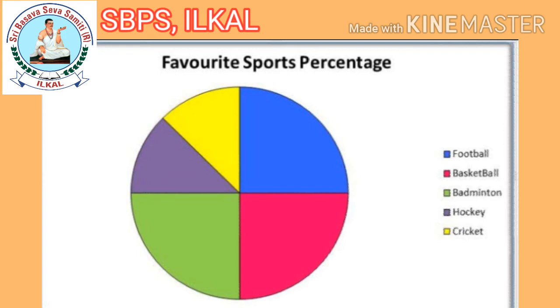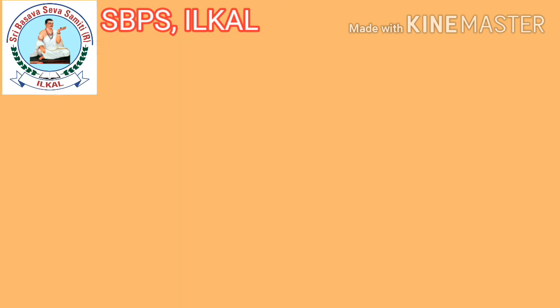Football 90 degrees, basketball 90 degrees, badminton 90 degrees, totally 270 degrees, and hockey and cricket together 90 degrees, totally 360 degrees. If you consider a pie chart, it is completely 360 degrees. That is, a pie chart will be a proportion of 360 degrees.